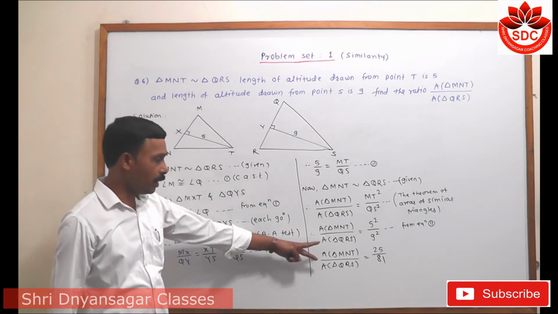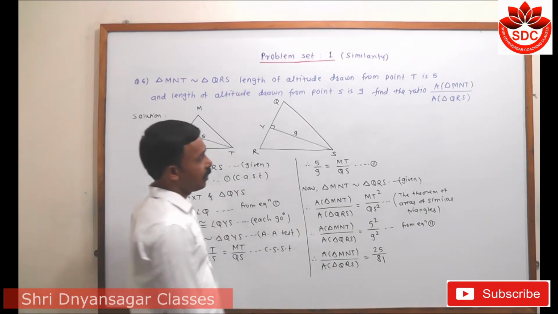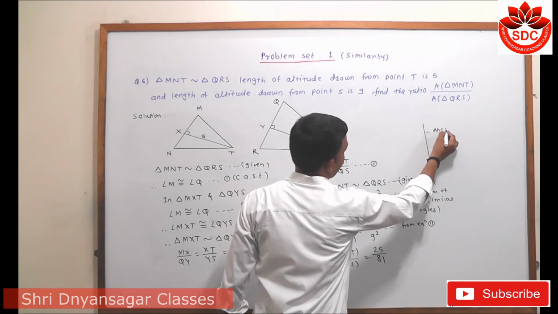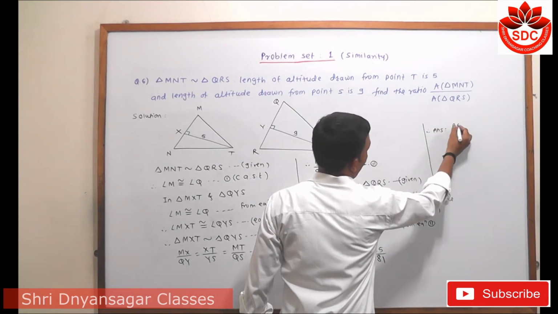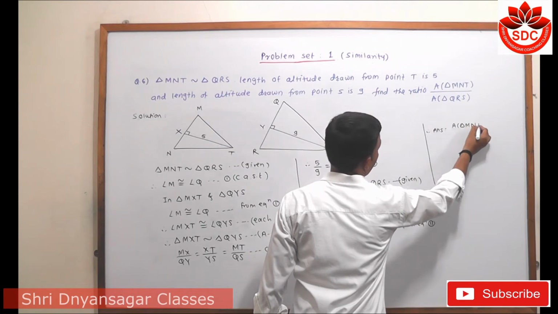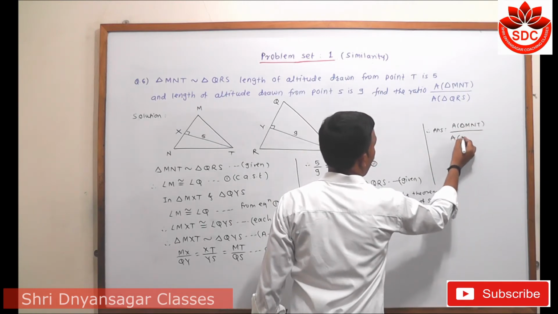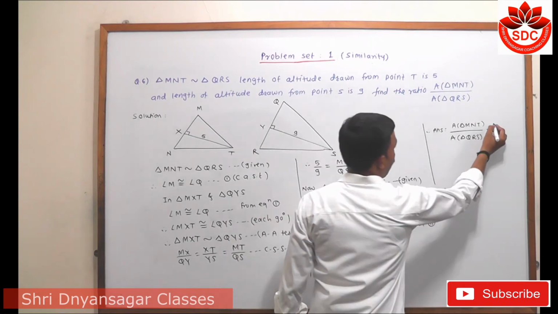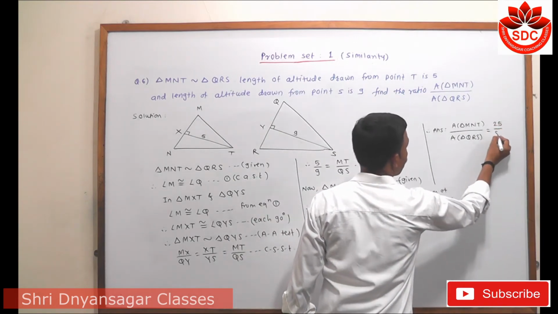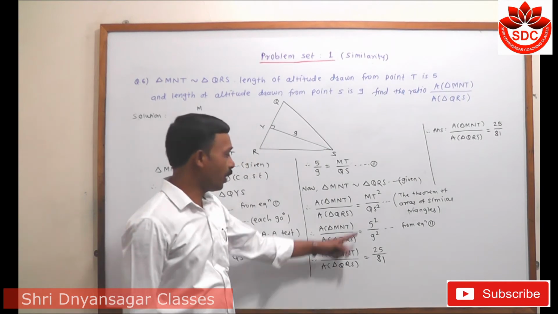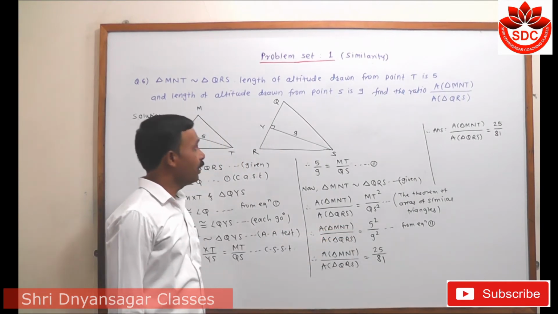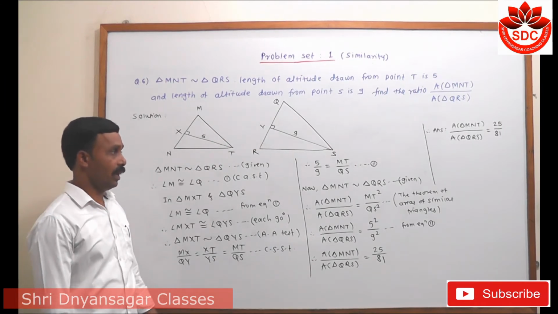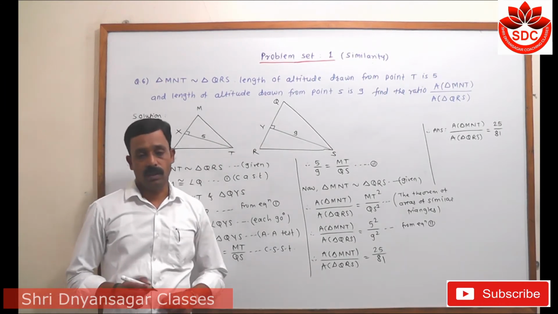We cannot simplify it, so this is our answer. This is the square of 5 and 9, so this is the ratio of the areas of the two triangles. Can you understand, students? Okay.